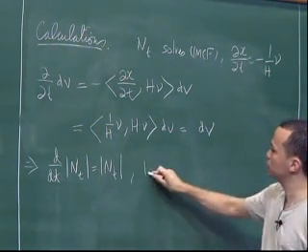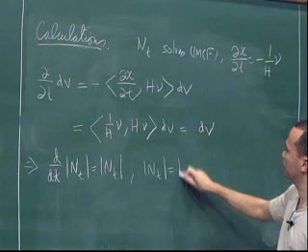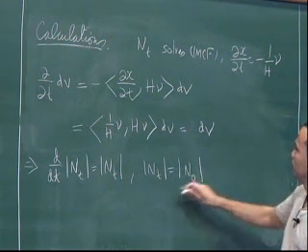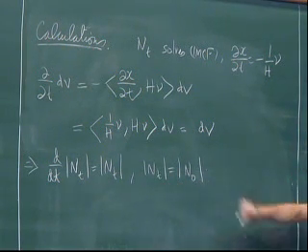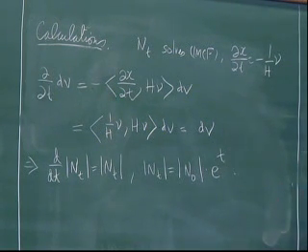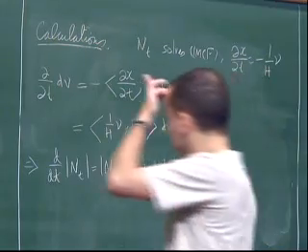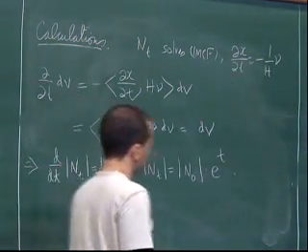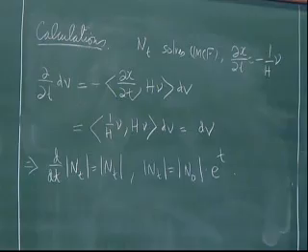In other words, the area grows exponentially. The area of N_t is equal to the area of the initial surface times the exponential of t. So the surfaces expand and the area grows exponentially. That's the first calculation.